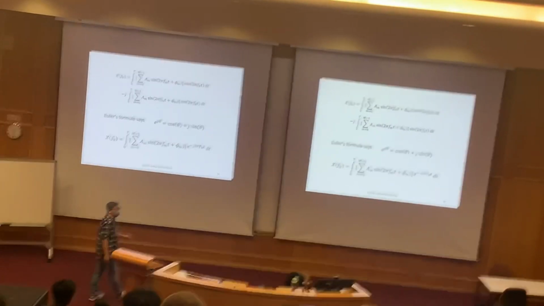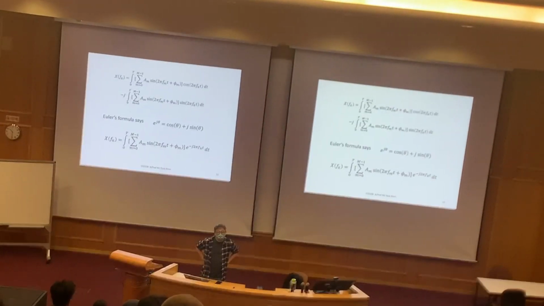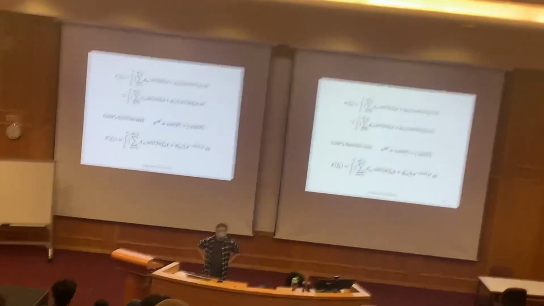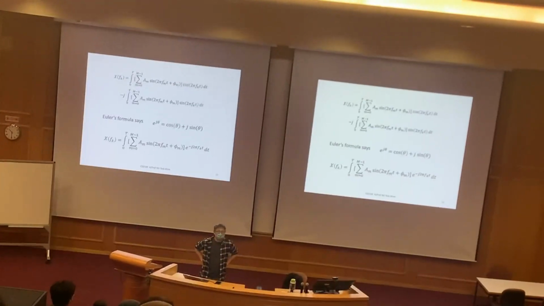And then there's one more thing that some of you may not have come across. Can I assume that everyone knows what is a complex number? Has anyone not come across a complex number before? A complex number, real part and imaginary part. We'll be using complex numbers.